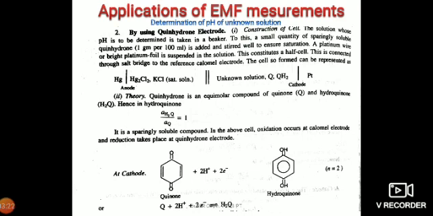The single electrode potential of this half cell is given by E red = E0 red - 2.303 RT/2F log of activity of H2Q over activity of Q times activity of H+ squared. E red = E0 red - 2.303 RT/2F log of activity of H2Q over activity of Q, minus 2.303 RT/2F log of 1 over activity of H+ squared.